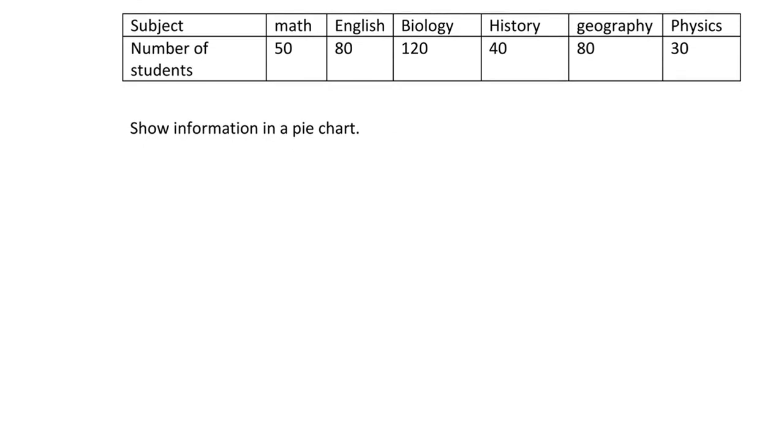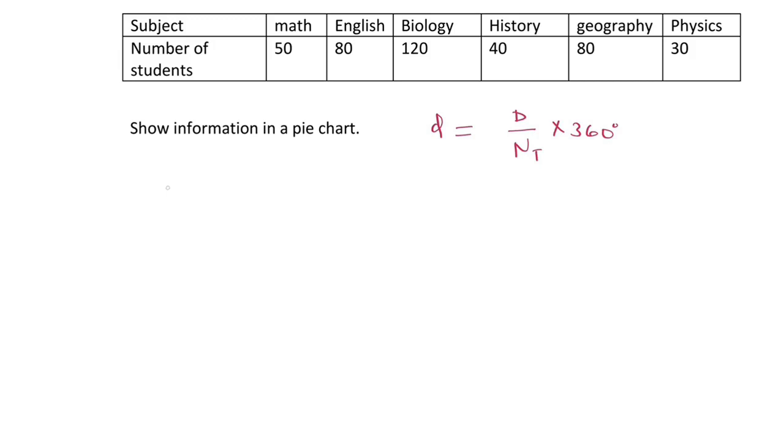To represent this information in a pie chart, first we are going to convert them into degrees using the following relationship, which says degree for a given subject equals data given over total number of data times 360.